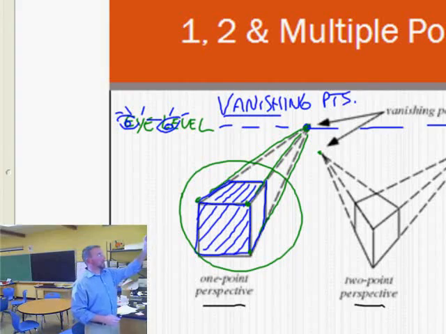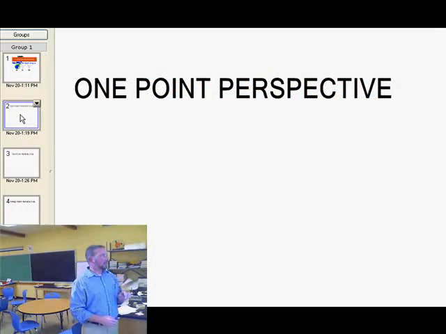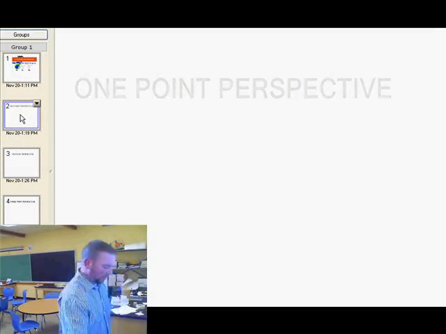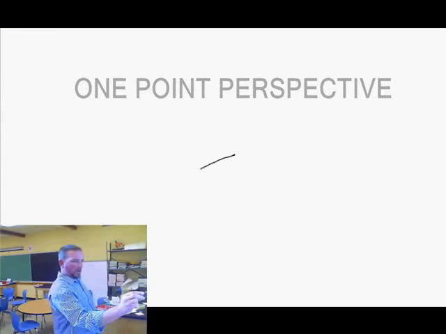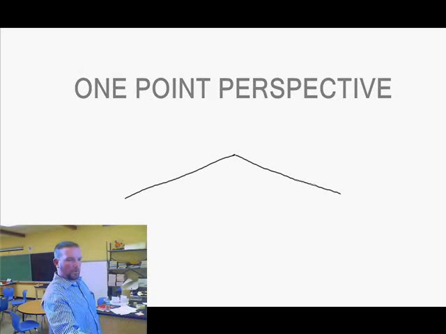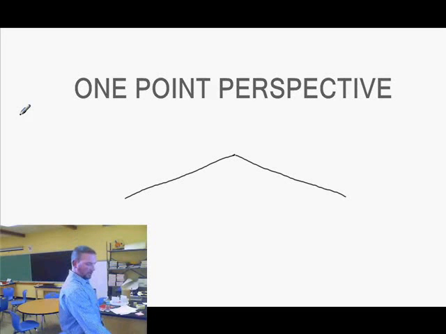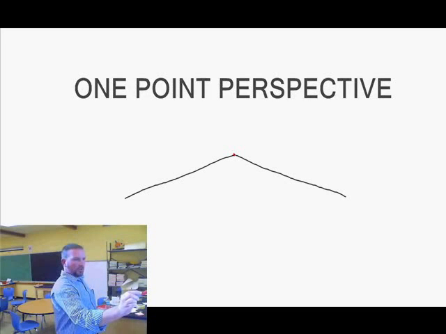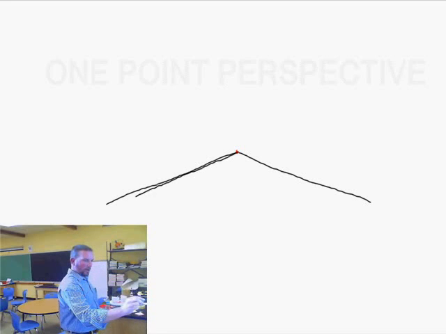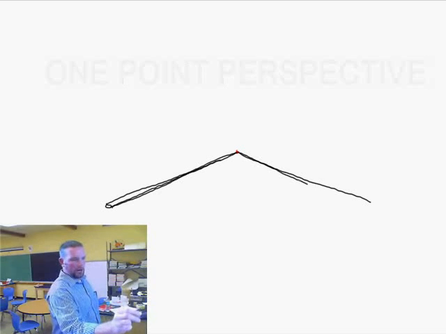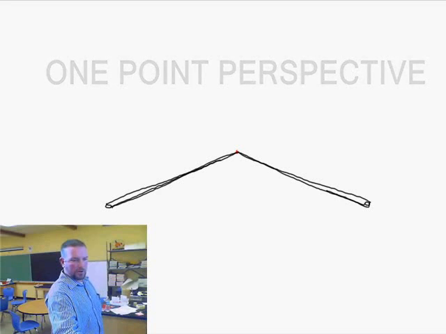So what are some classic examples in 1-point perspective in terms of drawing? If you've ever stood in the middle of railroad tracks, this would be a good example of 1-point perspective. Those are the railroad tracks. The point at which they converge way off in the distance, maybe 15 miles down the road, is the single point where both the left rail and the right rail converge.